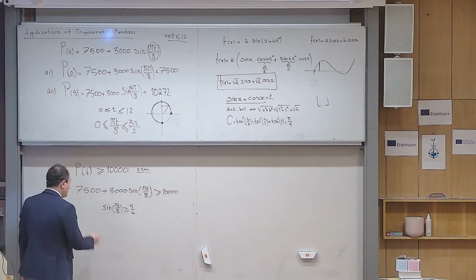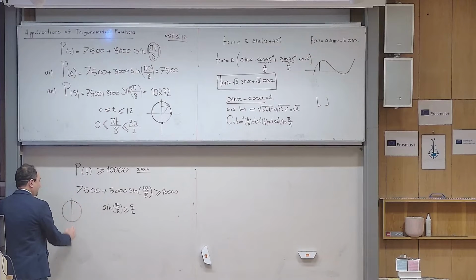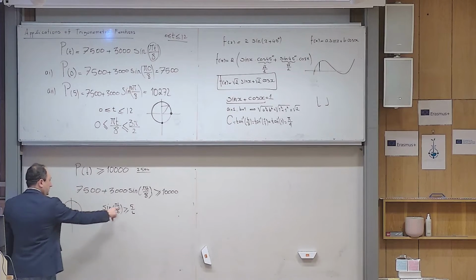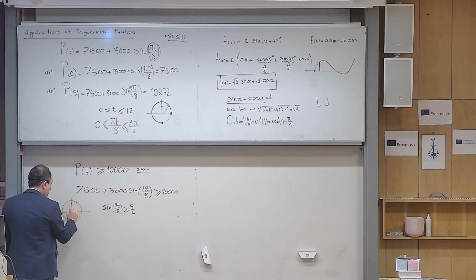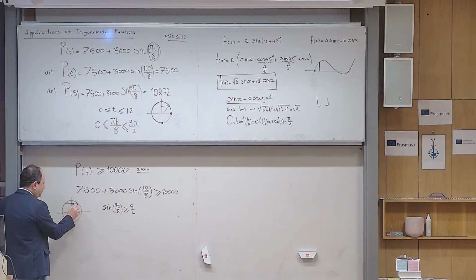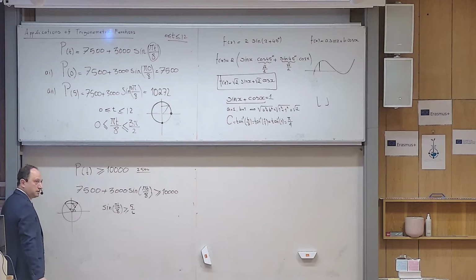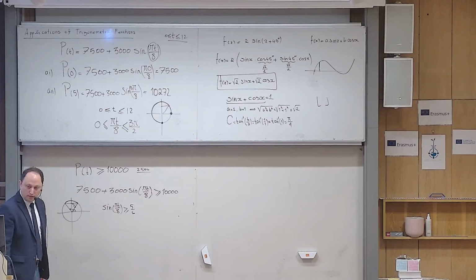And then you need to understand that if I draw this circle, let us say this is 5 over 6. And then I draw a horizontal line, because sine is the y value. So I have to start from here up to here. So my angle is somewhere here, and then it continues up to here. If you want to solve it analytically, you can do that.